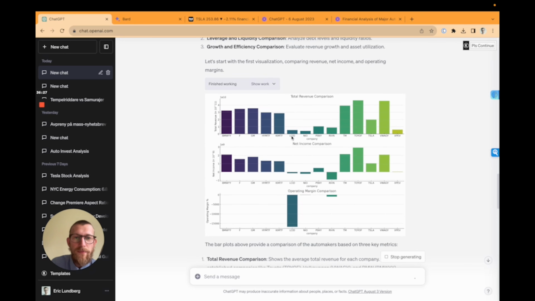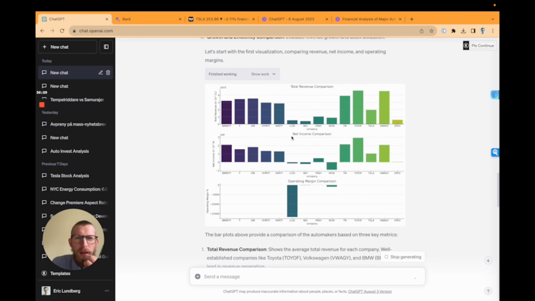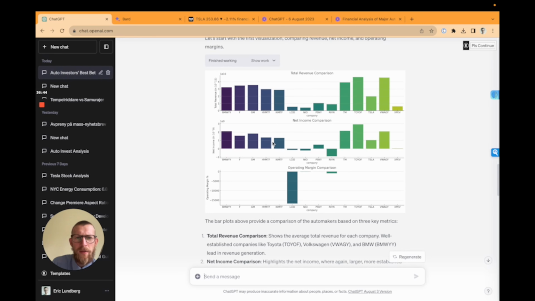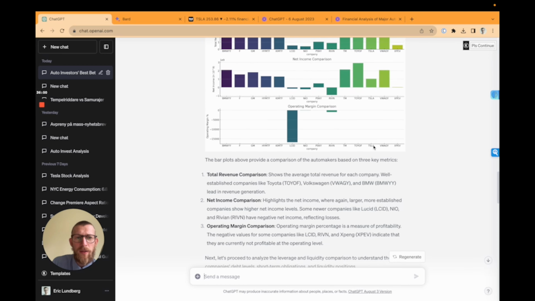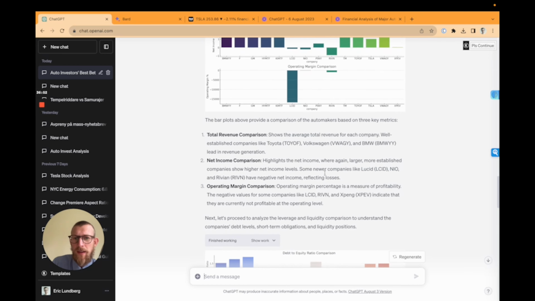Okay. Total revenue comparison. Total revenue. Yeah, but you gotta do it over time. I don't know why this bar chart comes up like it's at once. Net income comparison, operating margin comparison. I don't know why it's not showing up any data here.